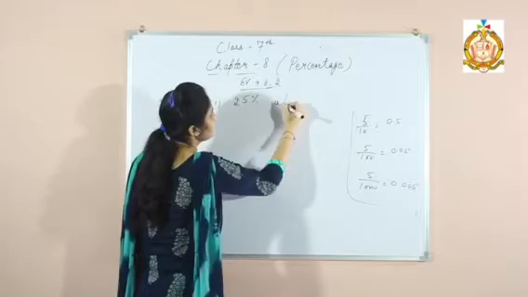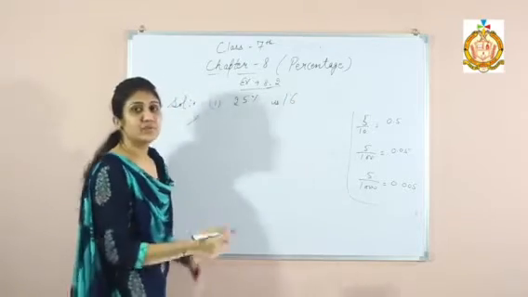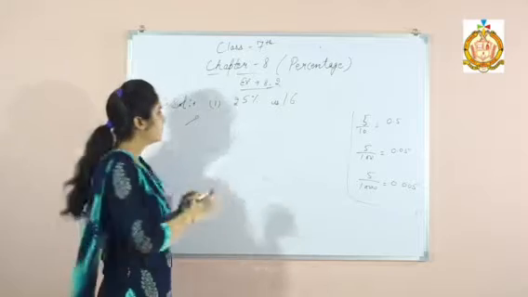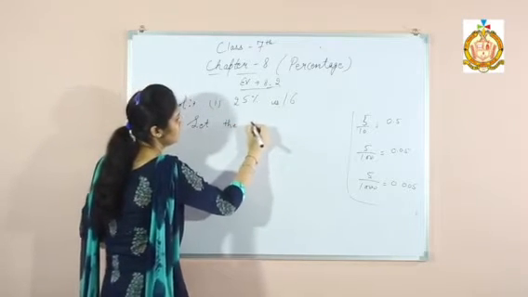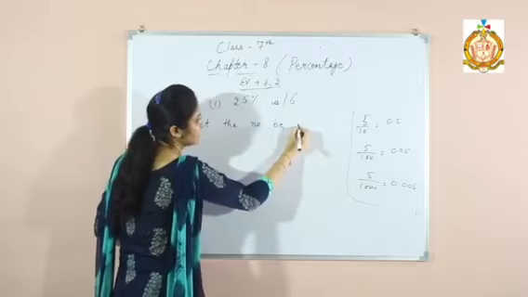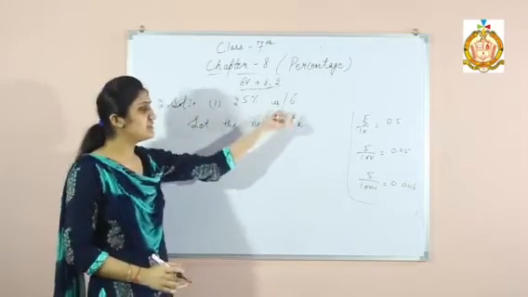So we have to find the number. Let us assume that the number is x, then we will solve it. Let the number be x. So we are assuming that 25% of x is 16.